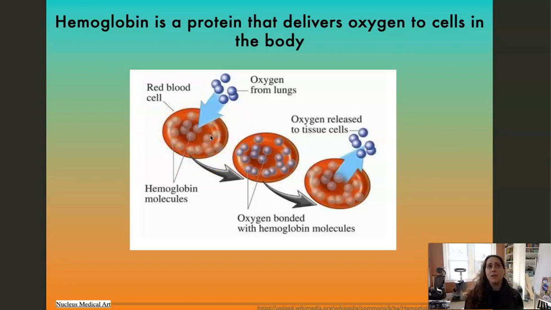So there are, I think, over 1.5 million hemoglobin molecules per single red blood cell. So they're literally packed full of hemoglobin molecules, because that is the red blood cell's only function. Our main function is to carry the hemoglobin and have it pick up oxygen, release oxygen, and repeat.